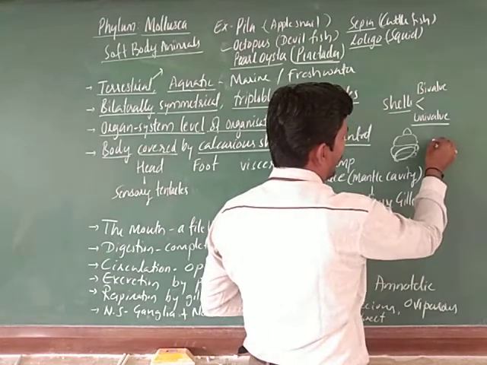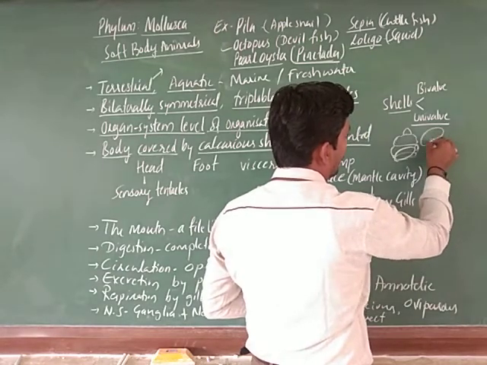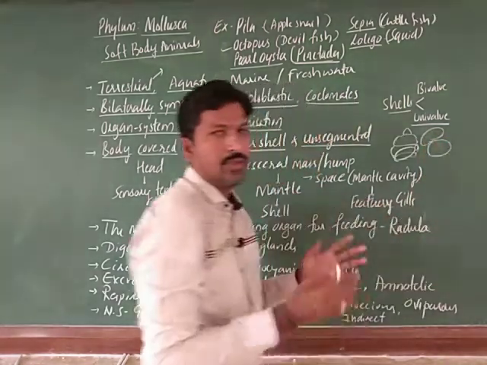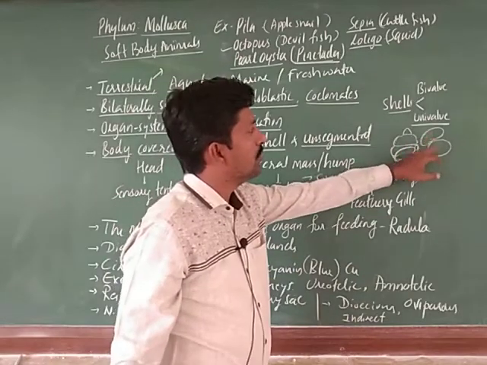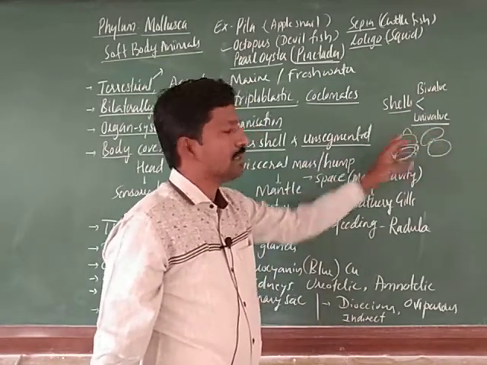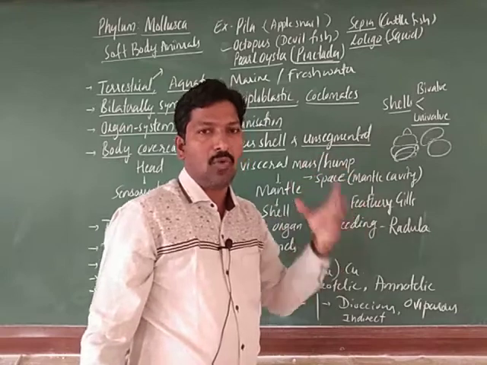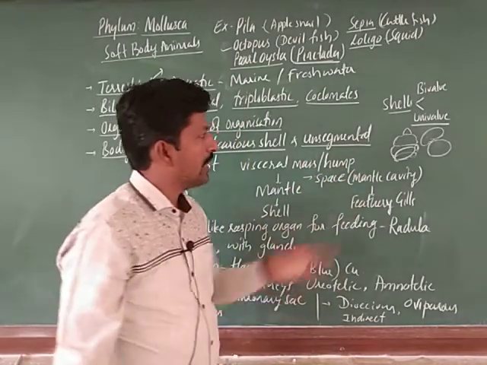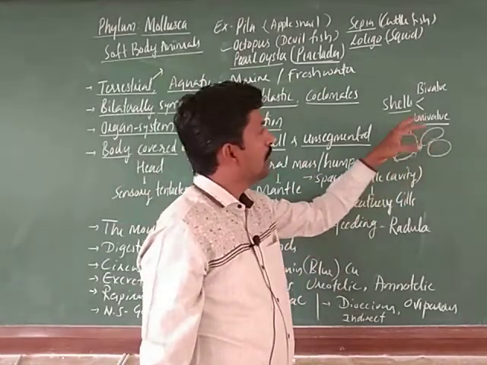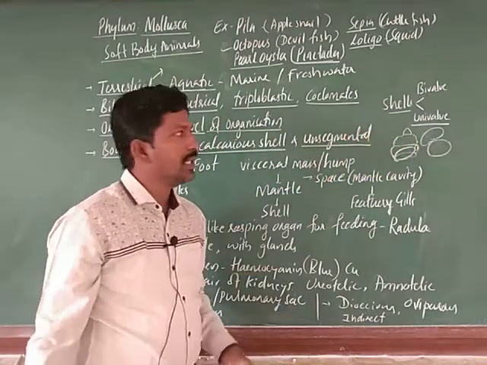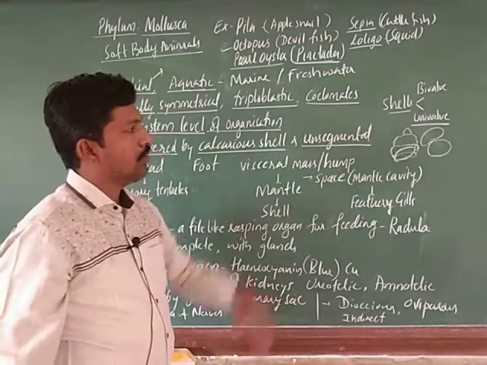One more is like this, where there are two halves we can observe, that is the bivalve, and univalve means single, which is spirally coiled. This is the structure which we observe as a shell. Based on this there is also a classification: bivalve molluscs and univalve molluscs.